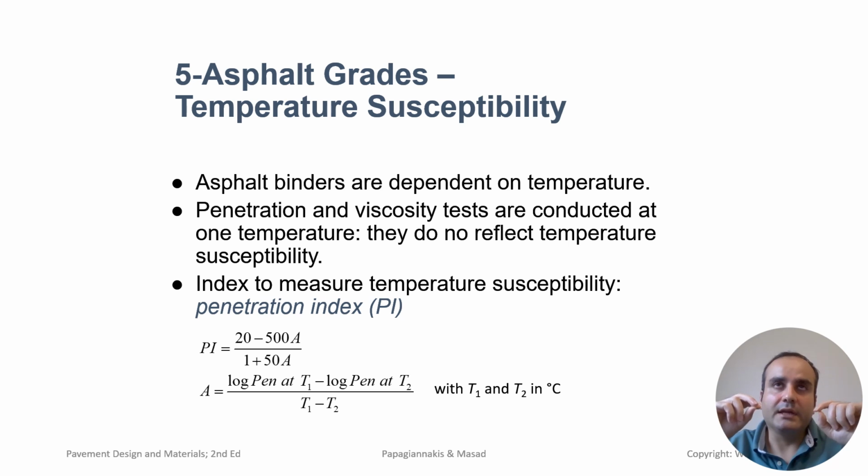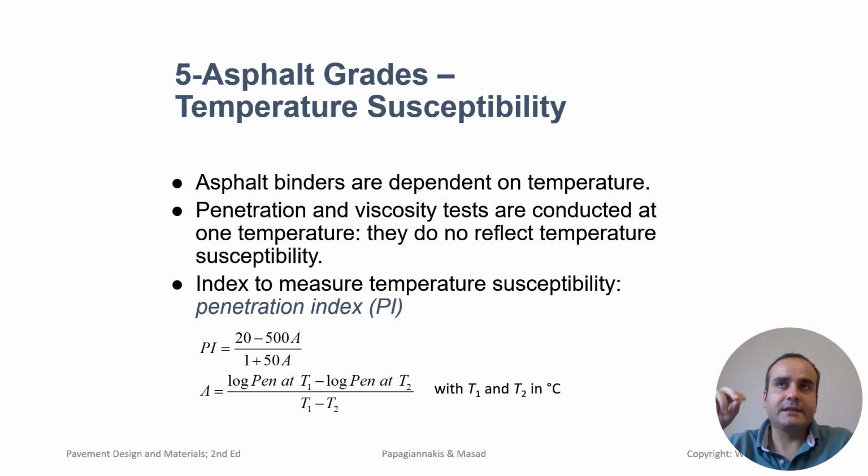This is important because asphalt pavements are exposed to a wide range of temperatures during their service life, from hot summer days to cold winter nights. A binder that is highly temperature susceptible may perform well in one temperature range but fail in another.